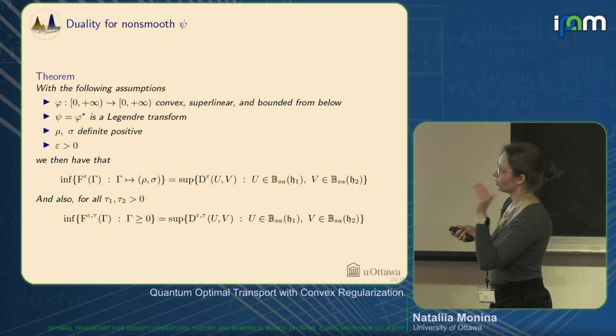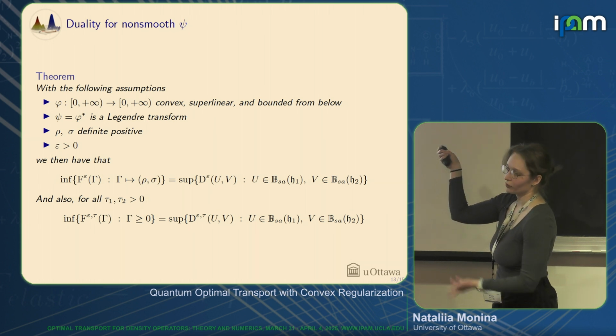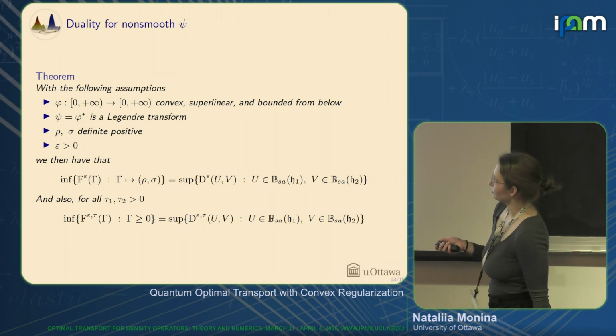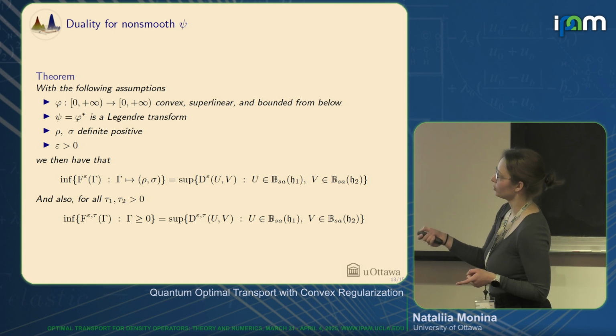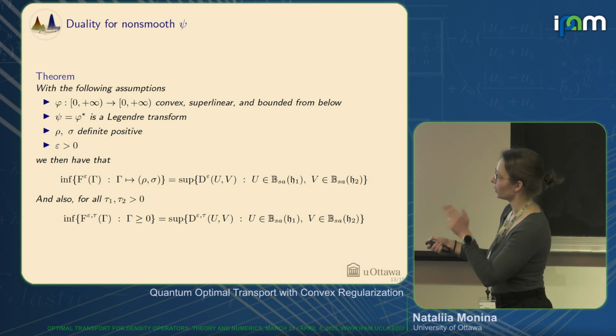In fact, you can show that the inf is equal to sup also without these conditions, as long as phi is convex, so psi, its Legendre transform, is also convex. The only other thing that we ask is that rho and sigma are strictly positive. With these two conditions, we recovered the duality for both problems.